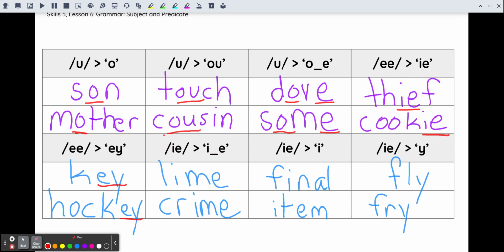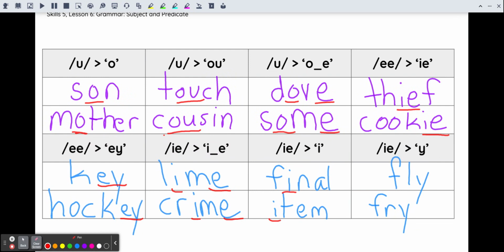Next, we have I spelled with an I consonant E, as in the word lime, and crime. We have I spelled with an I, as in final, and item.